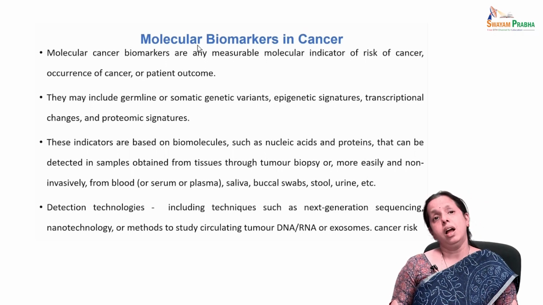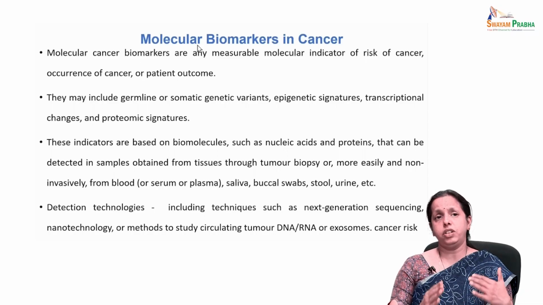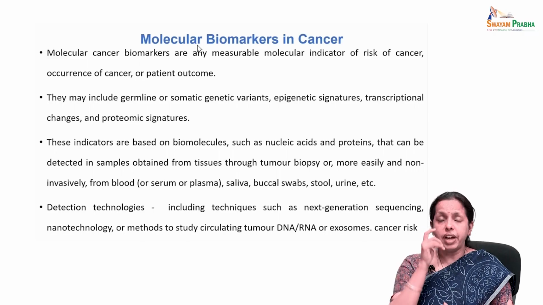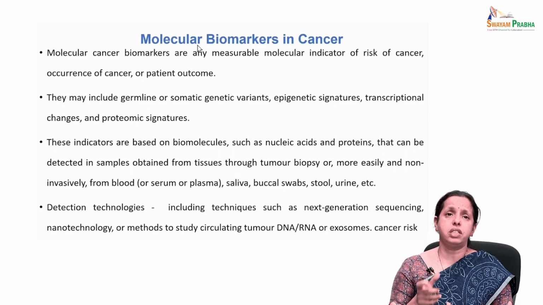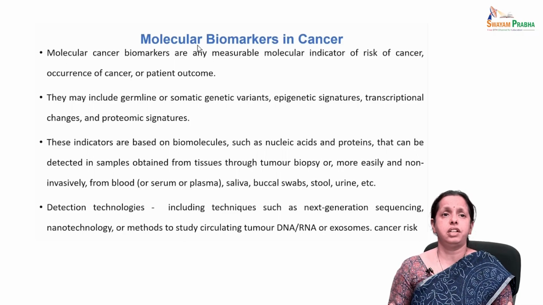Get back to your basics of cancer, where we were talking about DNA to RNA, RNA to protein. All these variants or signatures, all these changes, we can assign as molecular signatures.